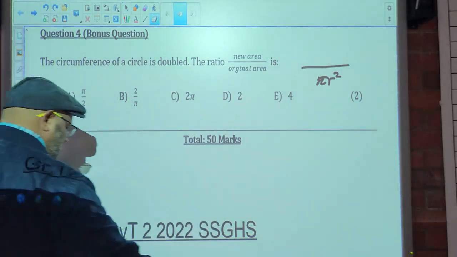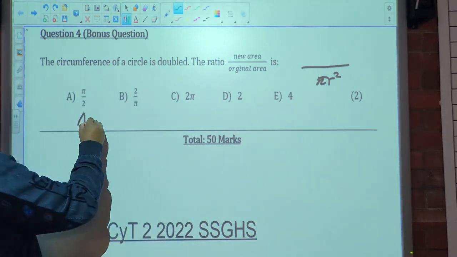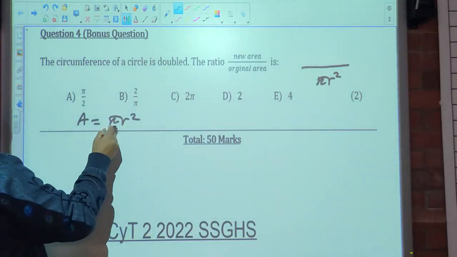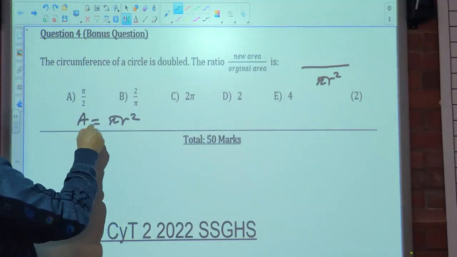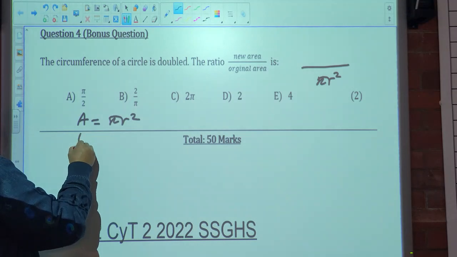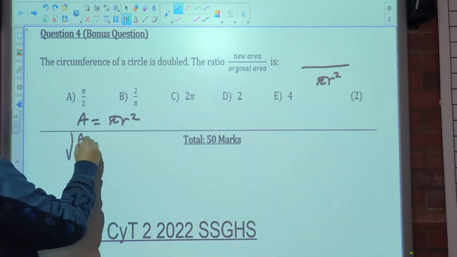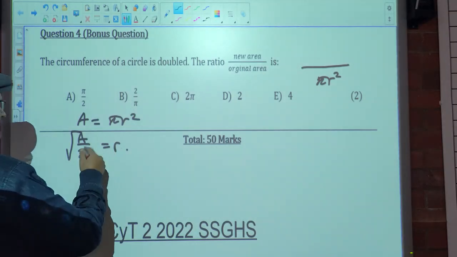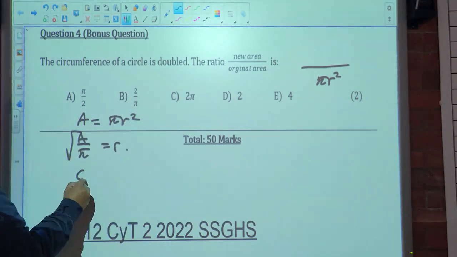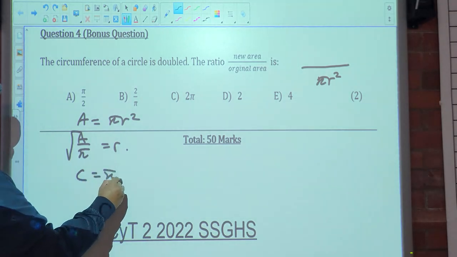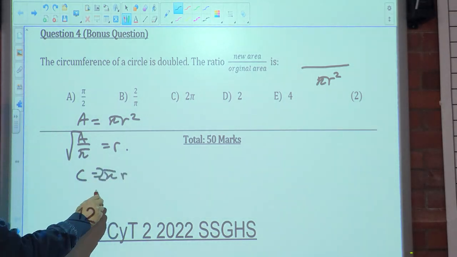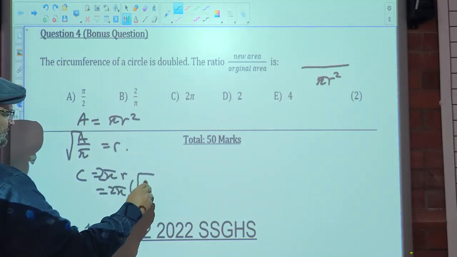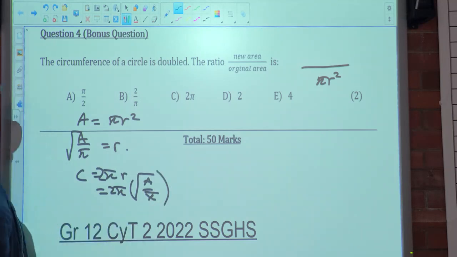Right, let's go again. So the area of a circle is pi r squared. So the radius of the original circle is going to be the square root of area over pi. The circumference of this circle is going to be 2 pi, and the radius is going to be the square root of A over pi.